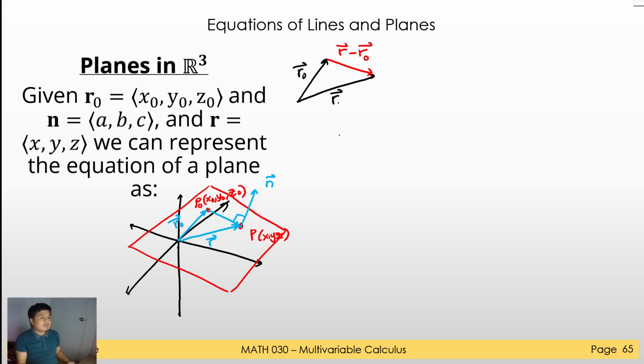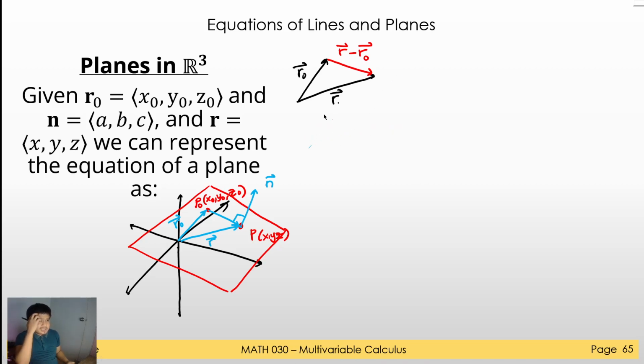This is the triangle law, although this is not addition since this is different. Another way to look at it is r sub 0 plus this one is equal to this, so r sub 0 plus r minus r sub 0 is equal to r, because the r sub 0 terms cancel out using the triangle law.